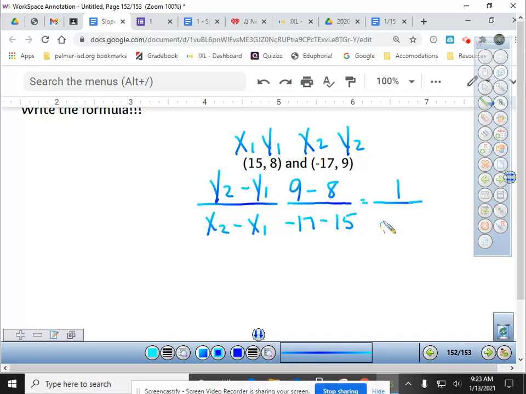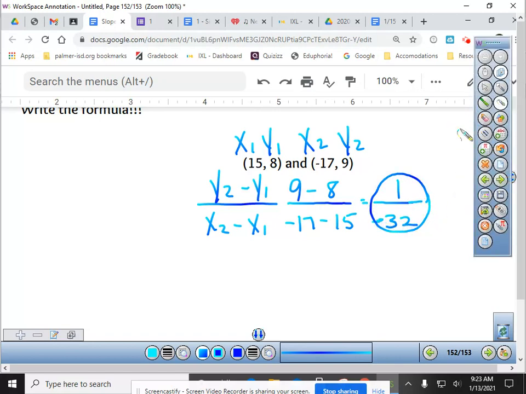Try again. Negative 17 minus 15 is negative 32. There you go. Because you got to sing the song: same sign, change and keep. Is that lowest form? Yes.